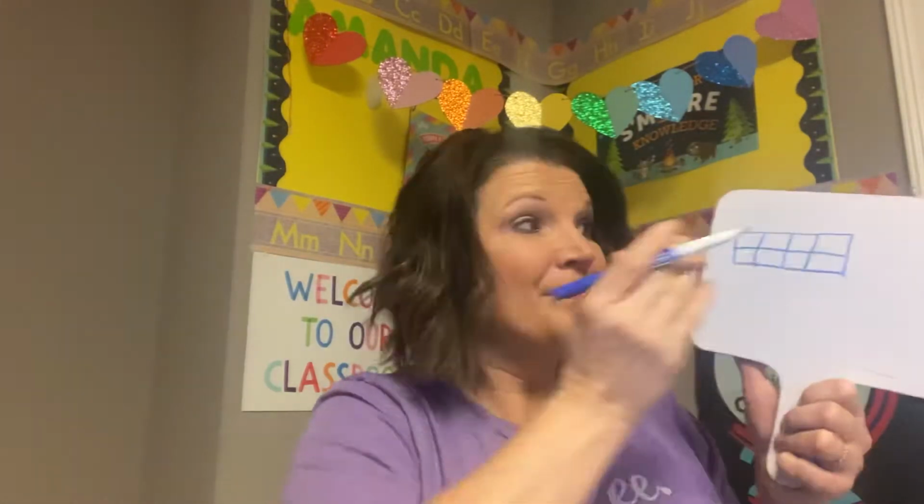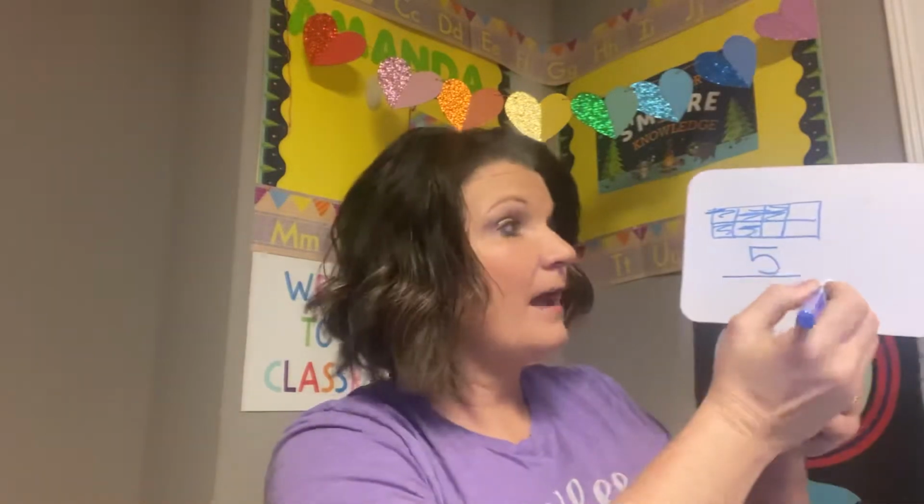So, if I had a Hershey bar, you know I love Hershey bars. If I have a Hershey bar, and the Hershey bar is made up of 8 parts, and I eat 5 of them, then I have eaten 5.